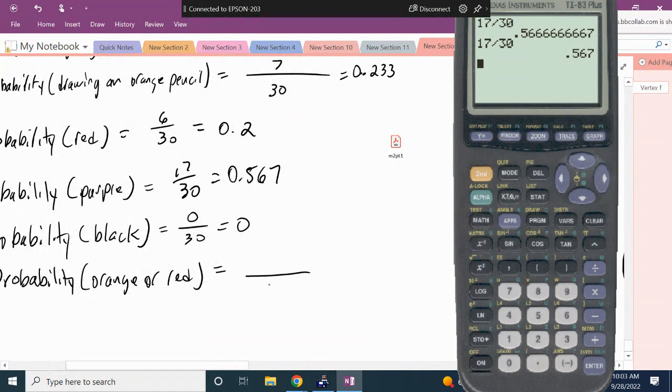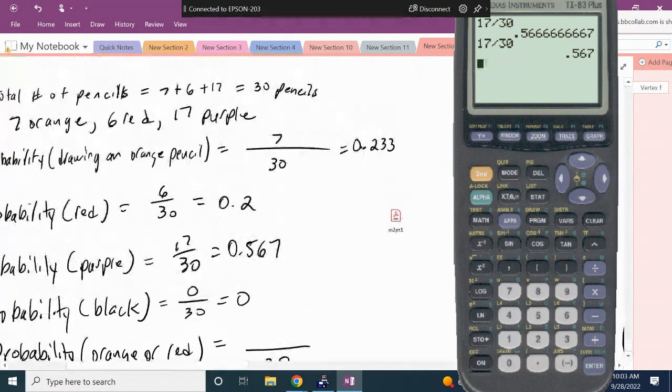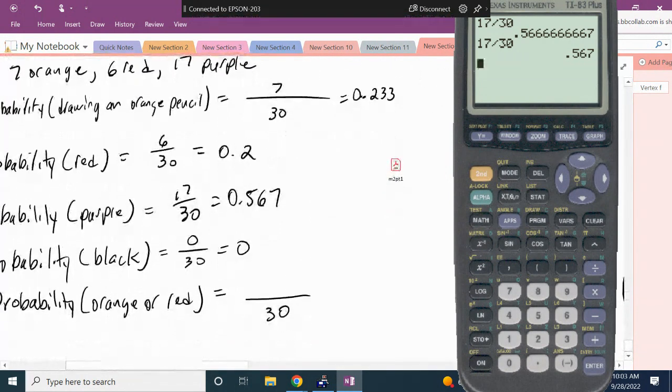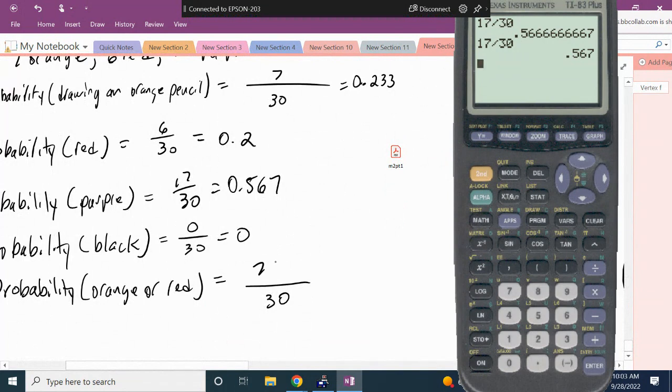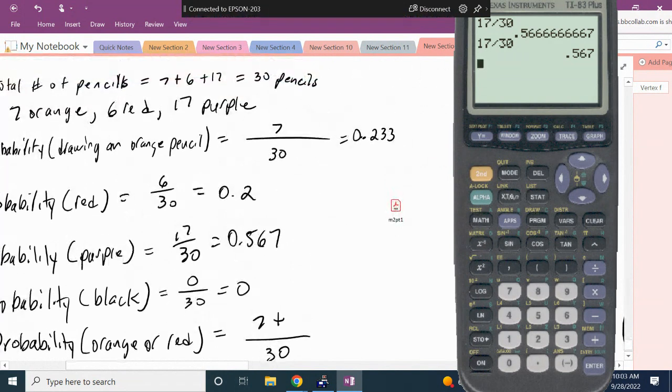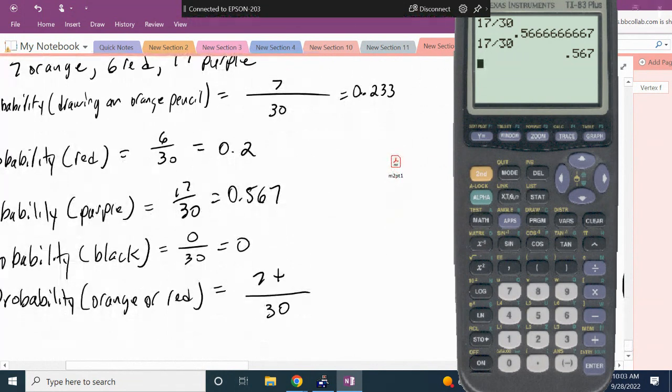Right, well, the denominator is 30, right? Because there's 30 pencils. How many orange pencils can we choose from? 7, right? Plus, how many red pencils can we choose from? 6.